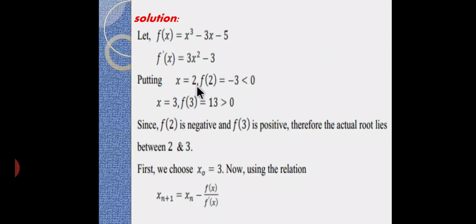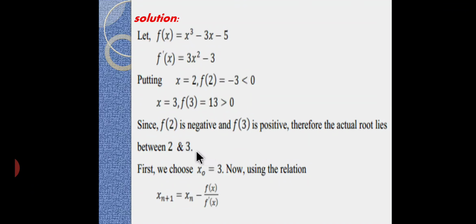Here at x is equal to 2, the value of f is minus 3, that is a negative value. So at x is equal to 2, f of 2 is negative, and at x is equal to 3, f of 3 is positive. According to the intermediate value property, a root lies between 2 and 3.